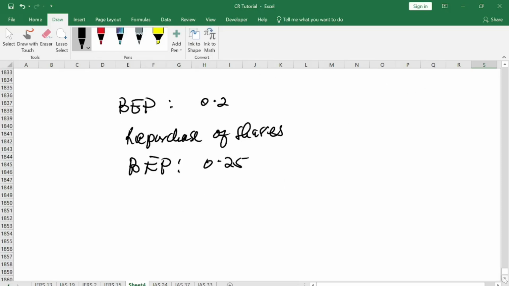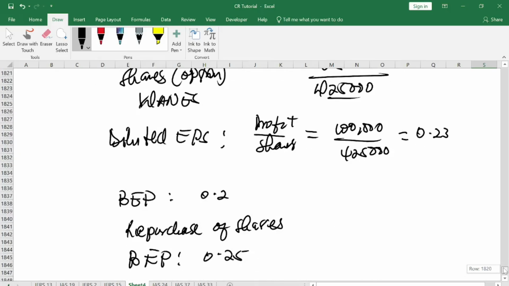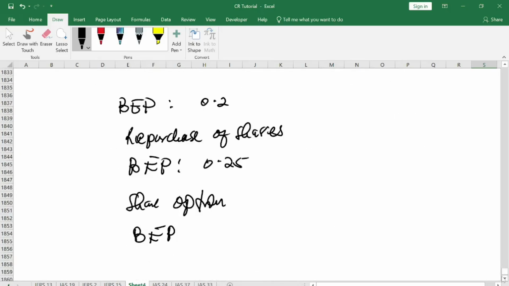Now after that, when there's a dilution of shares, where there's a share option, what happened to basic earning per share after dilution? See, 0.23. Have you seen that?